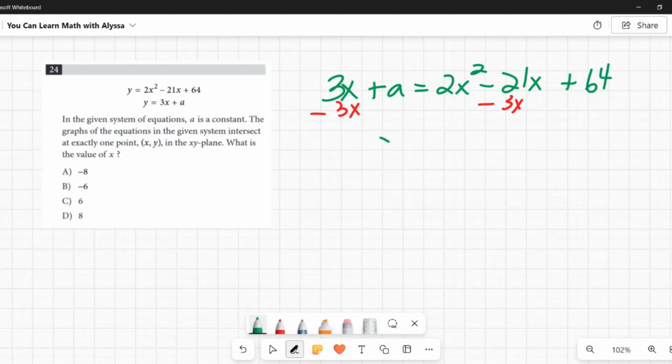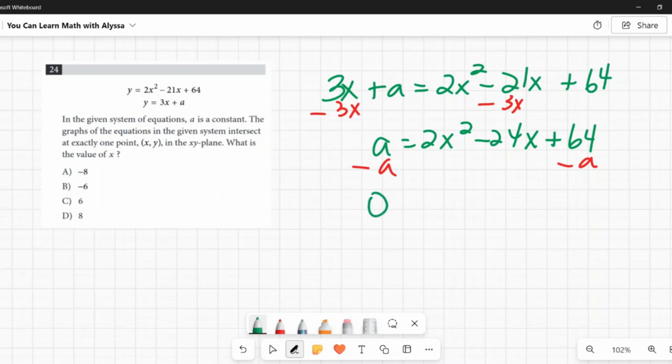And that gives me a is equal to 2x squared minus 24x plus 64. Then I'm going to subtract a from both sides because we like our quadratics to be equal to 0. So 0 is equal to 2x squared minus 24x plus 64 minus a.